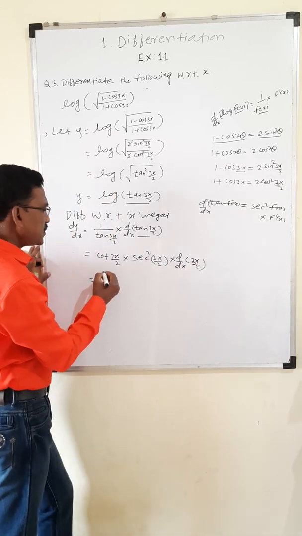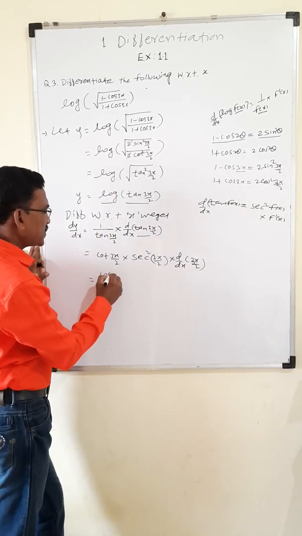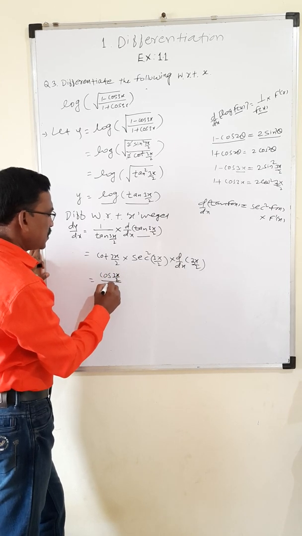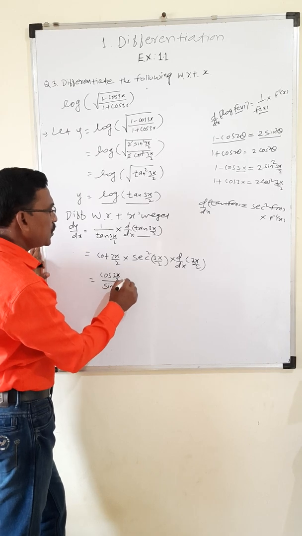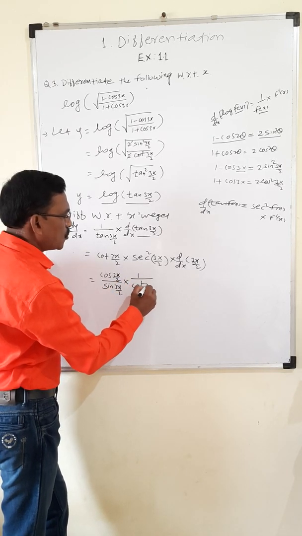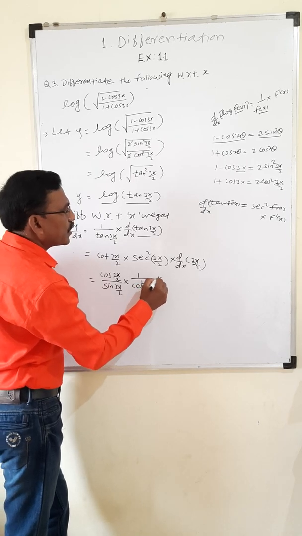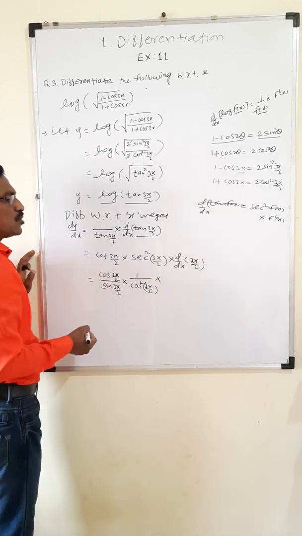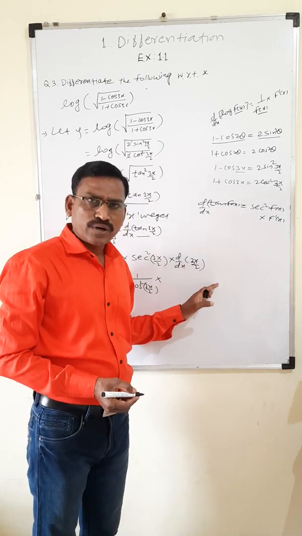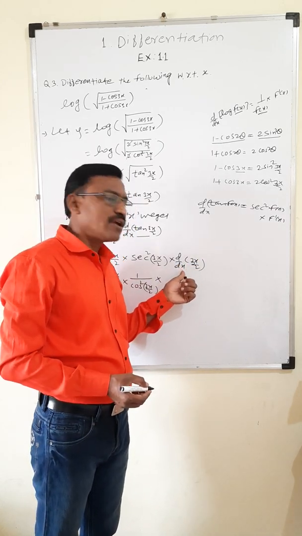But cot is cos by sine, so cos 3x by 2 upon sine 3x by 2, into sec, which is the reciprocal of cos, 1 by cos square 3x by 2, into the derivative of 3x by 2. Here 3 by 2 is a constant, and the derivative of x with respect to x is 1.